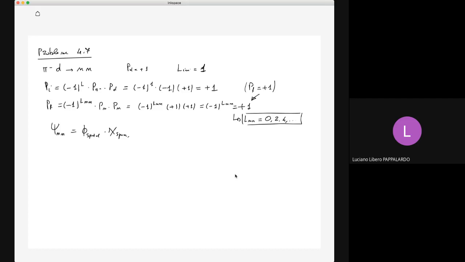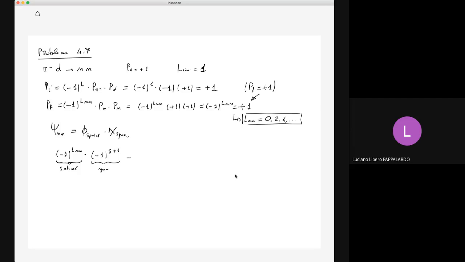As we've studied a couple of lessons ago, the symmetry of the total wave function is given by (-1)^(L_nn) for the spatial component and (-1)^(S+1) for the spin component, being a system of fermions. The first is the spatial, and the second is the symmetry of the spin component.